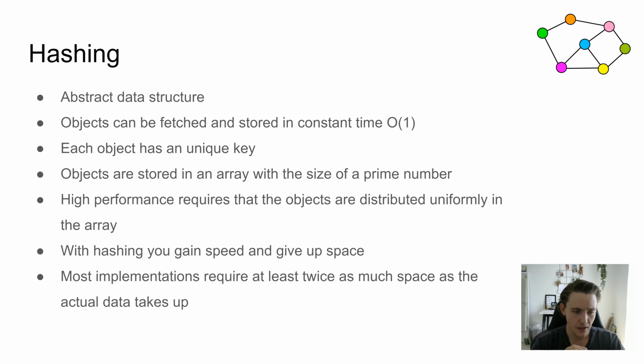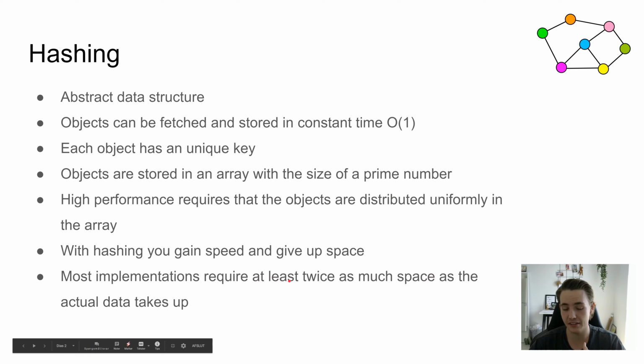With hashing we gain speed, but when we gain something we also have to give up something. In the case of hashing and using hash tables, we give up space, because we will often double the actual space that the data takes up.